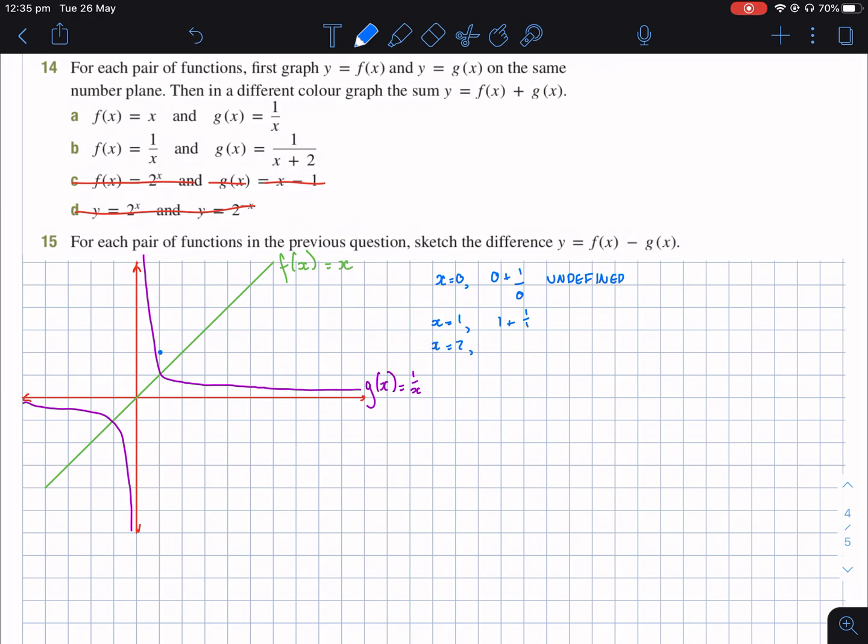X equals 2, I've got 2 plus 1 on 2. 3 plus 1 on 3. 4 plus 1 on 4. 5 plus 1 on 5. Like, it's going to keep getting closer and closer to x. If I had a half, then I've got half plus 1 on a half, so I've got half plus 2.